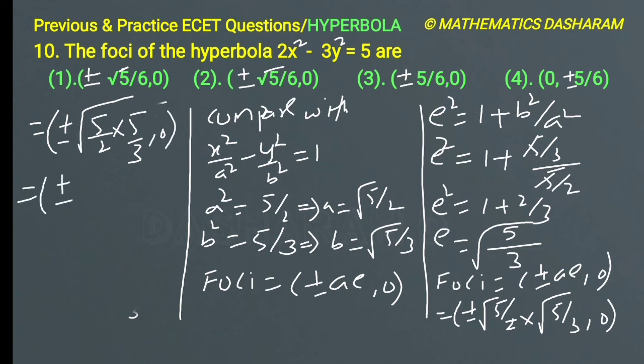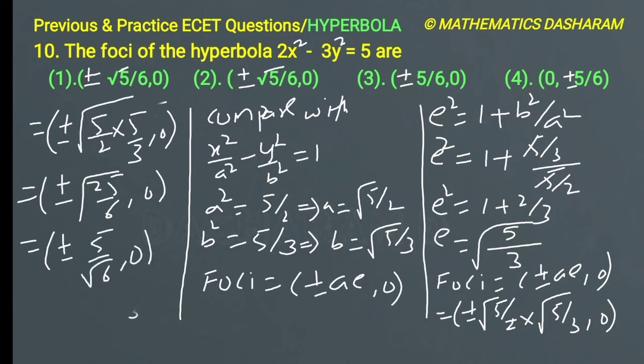So plus or minus, 5 5s are 25, 3 2s are 6, under root comma 0. Apply the square root for numerator and for denominator, then 5 by root 6 comma 0. So I think here in option 3, the root symbol has to come for the 6. So option 3 is correct.